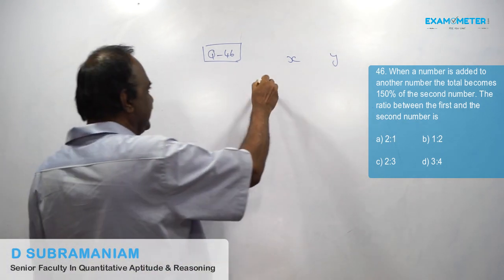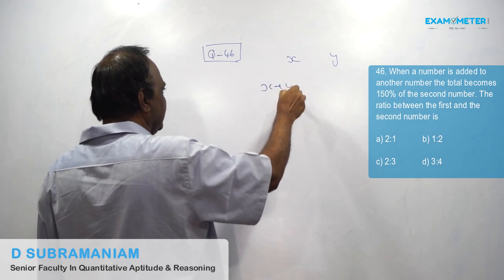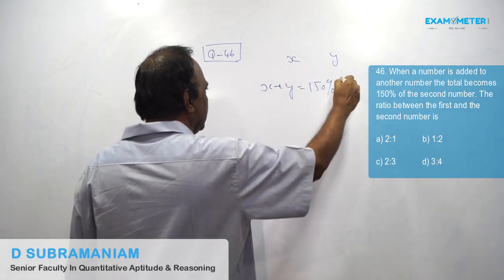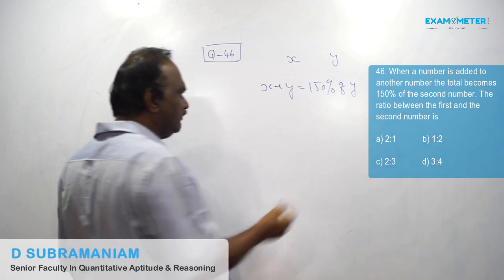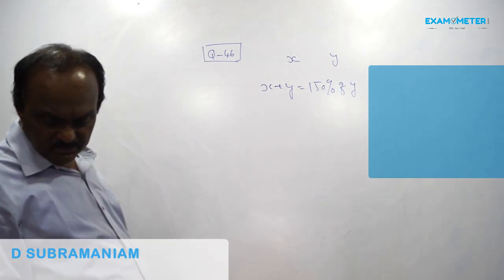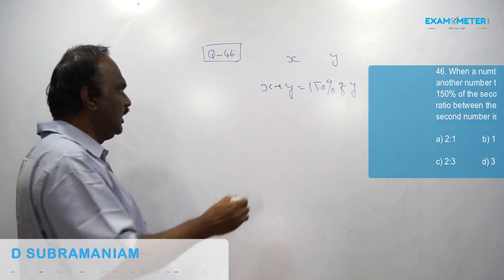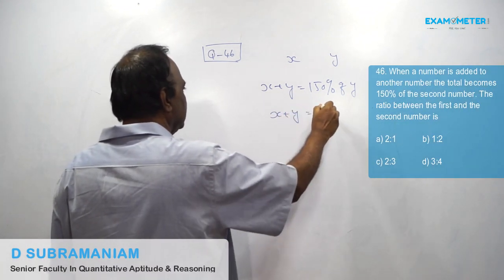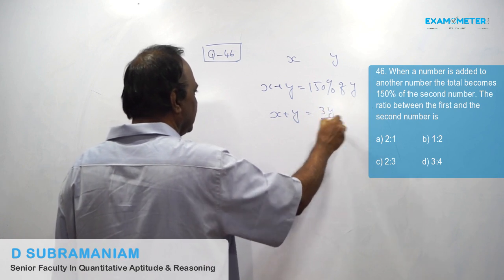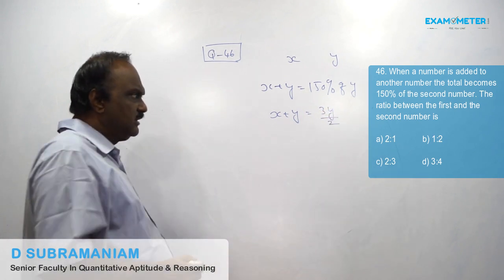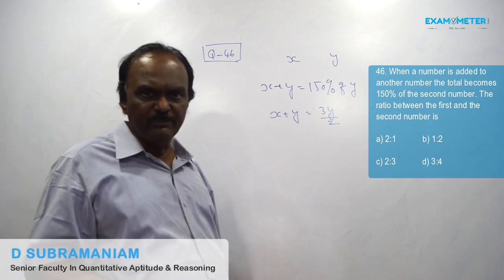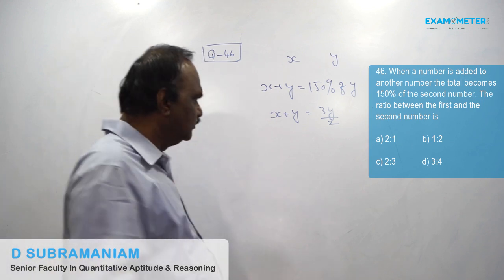So x plus y is equal to 150% of y. 150% fraction is 3 by 2.